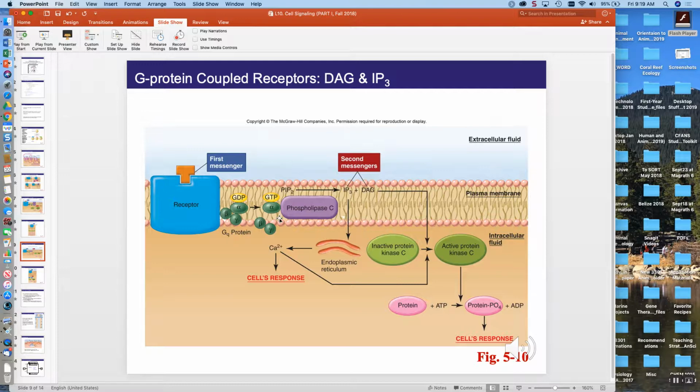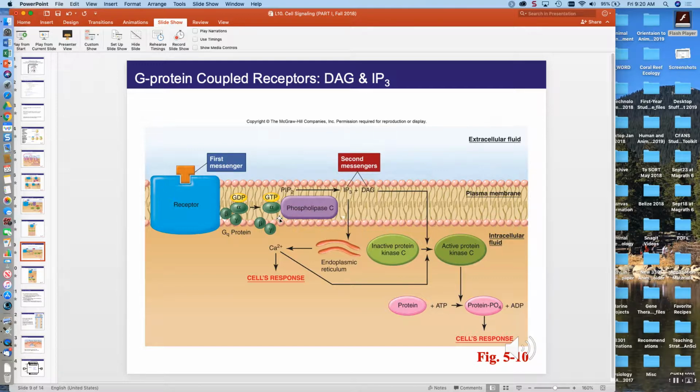PIP2 is just fine. PIP2 is converted to DAG, diacylglycerol, which is membrane bound, and IP3, inositol triphosphate. So PIP2 is broken down by the enzyme PLC to DAG and IP3.